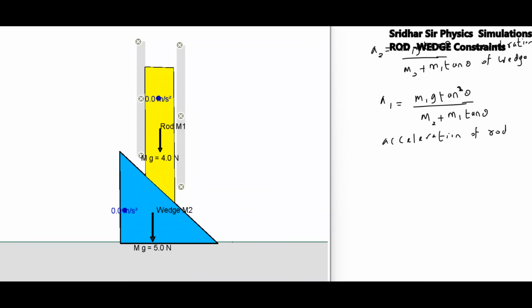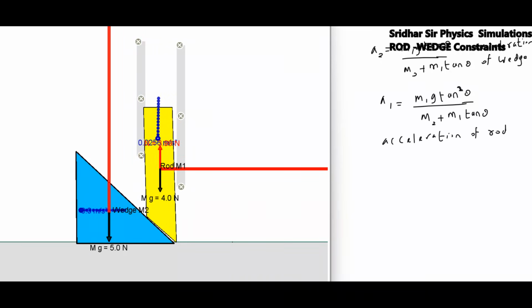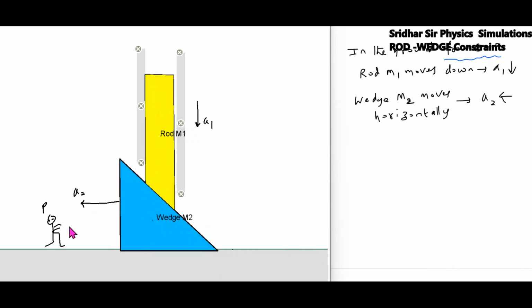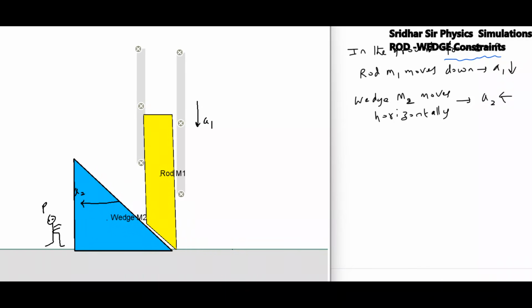Once again you can see it. In the ground frame, the rod will be moving vertically and the wedge will be moving horizontally. That is what is visible for you.